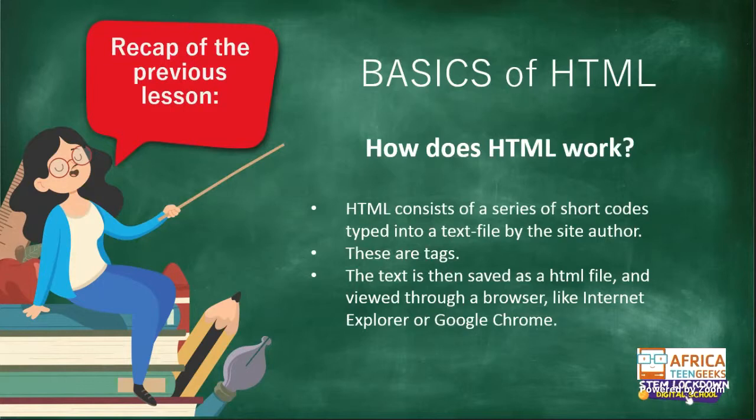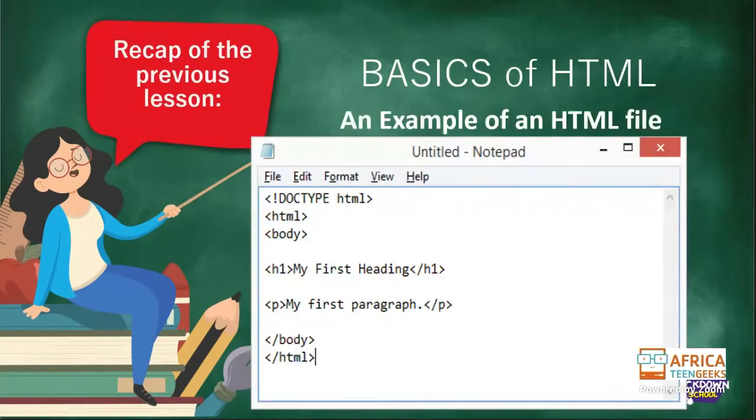The text is then saved as an HTML file. That's what we did yesterday, and then viewed through a browser like Internet Explorer, like I said. And just an example of what an HTML file looks like. This is an example where we have the various tags, an HTML opening tag and an HTML closing tag.